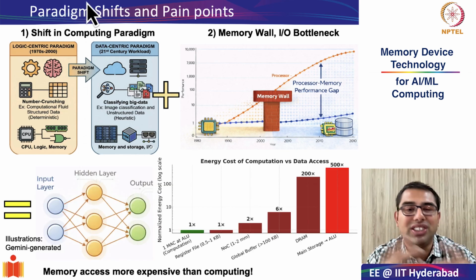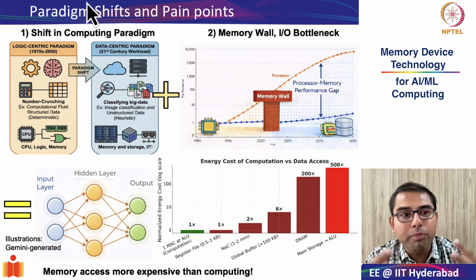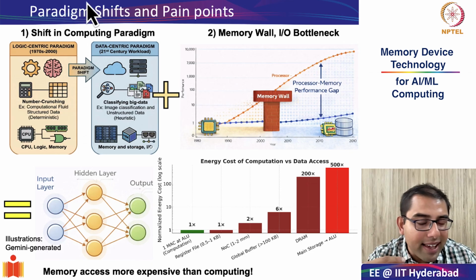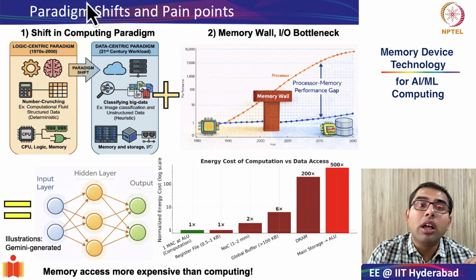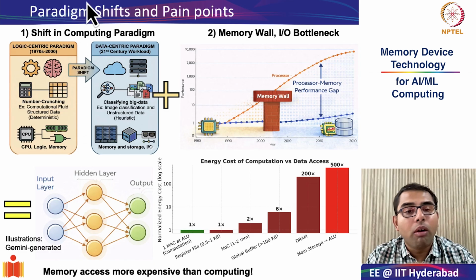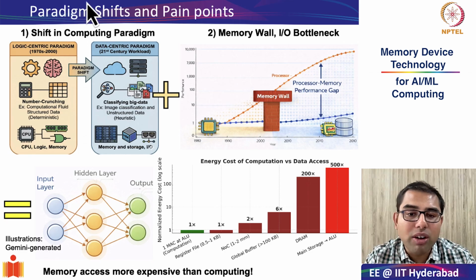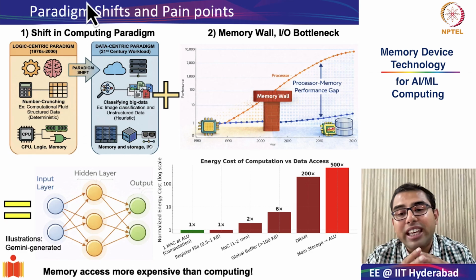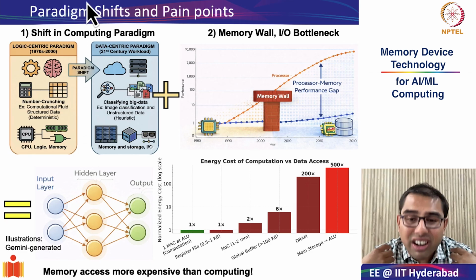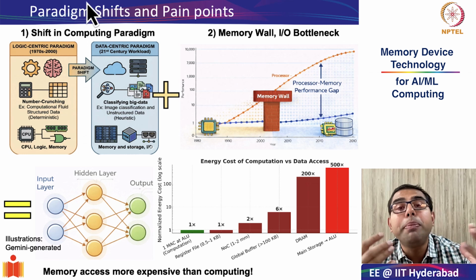So what happens when both these things are combined in the same landscape? A shift in computing paradigms towards data-centric computing along with this memory wall. What happens essentially, as we saw, is that when we start running data-hungry algorithms like neural networks, this becomes the key bottleneck. It results in a severe energy penalty.